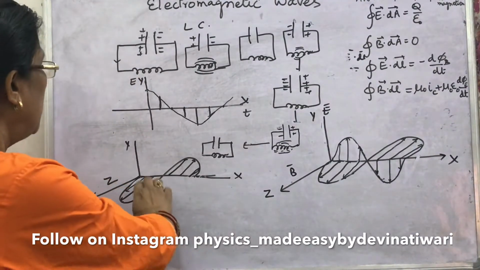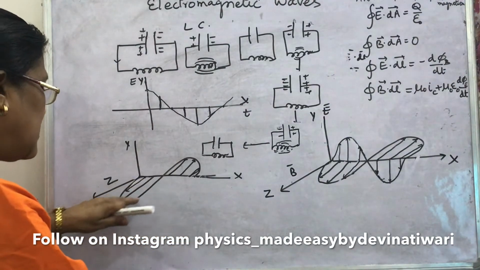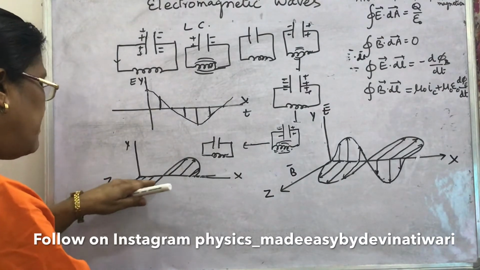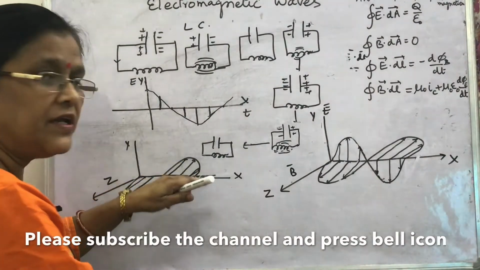This is the positive z axis and here is the negative z axis. I have shown one peak here for the oscillations of the magnetic field, here along the positive, and these are along the negative.